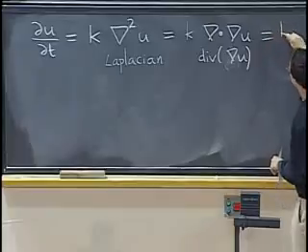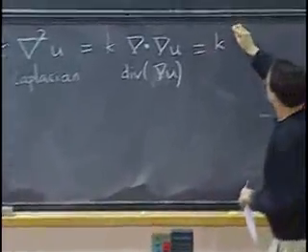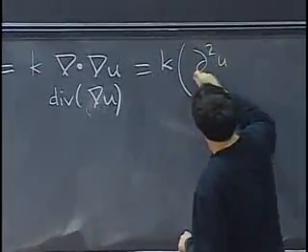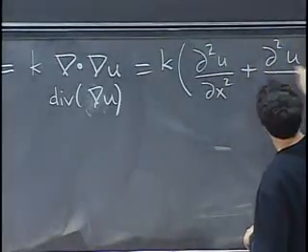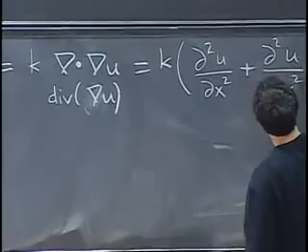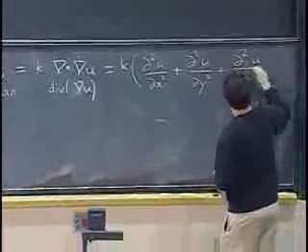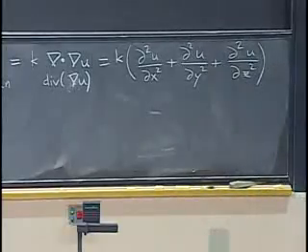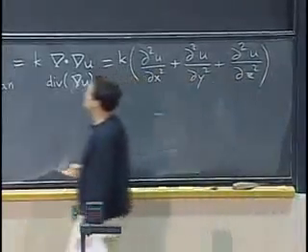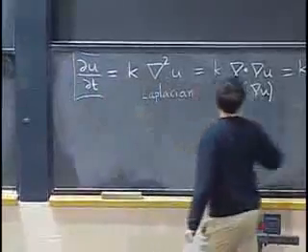If you expand it in terms of the variables, that becomes partial squared u over partial x squared plus partial squared u over partial y squared plus partial squared u over partial z squared. So the equation is this equals that.